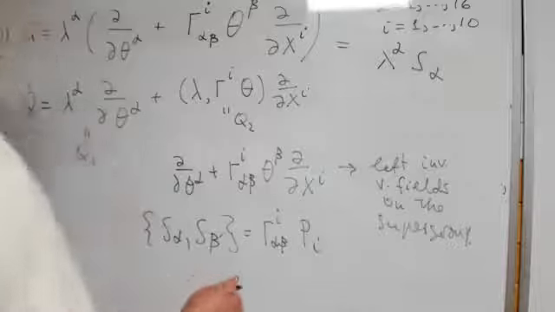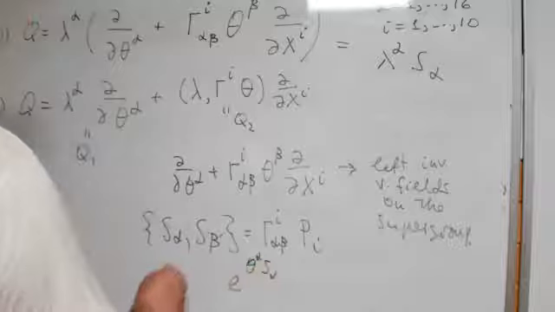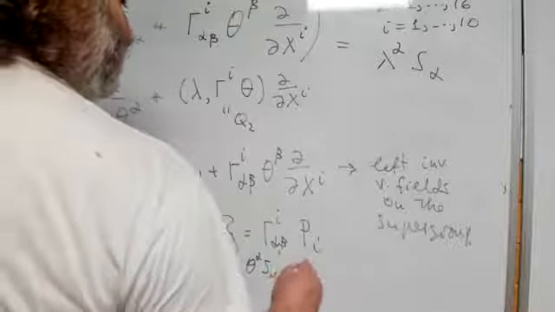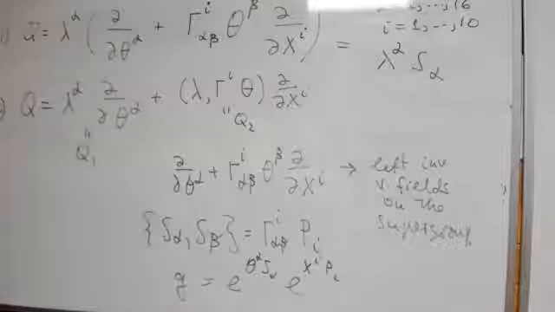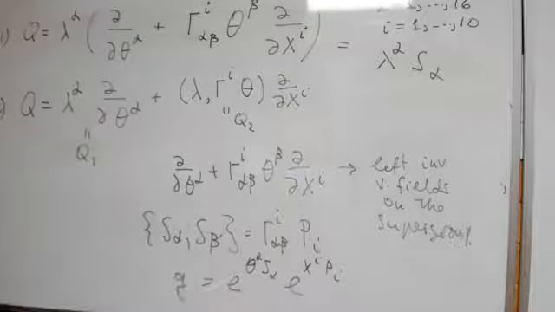You consider the exponent, and as far as I remember, you can write down the group element. I think that if it's written in this way, then left invariant would be something like this.